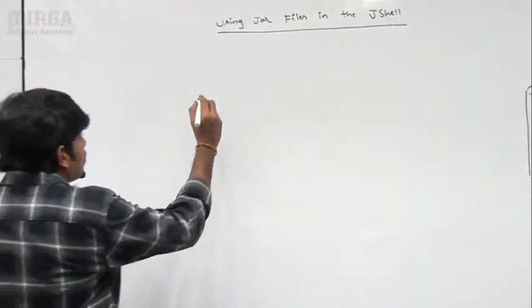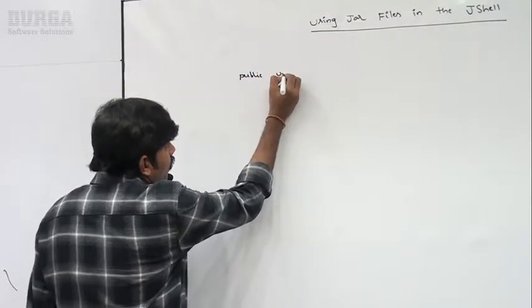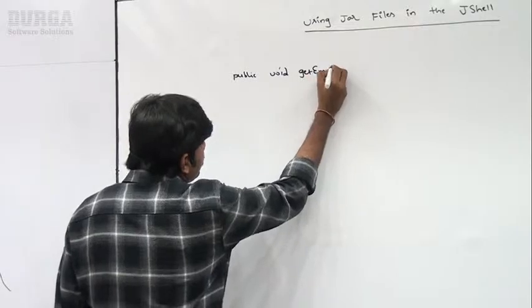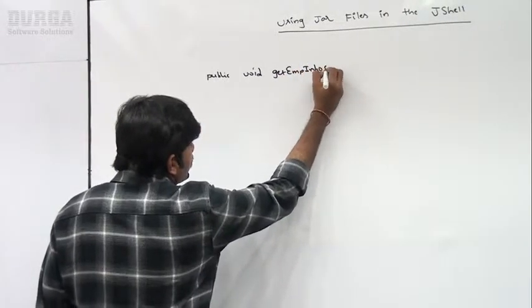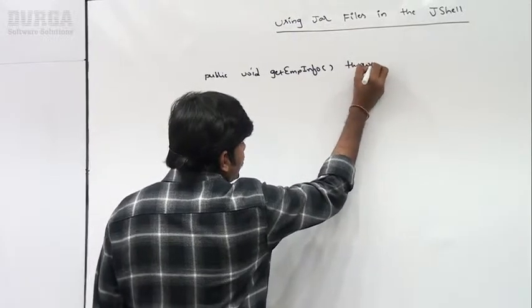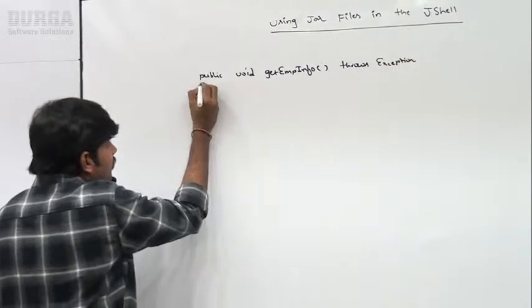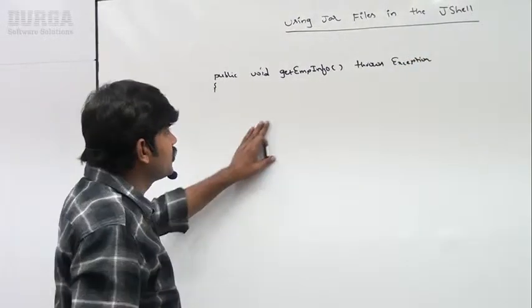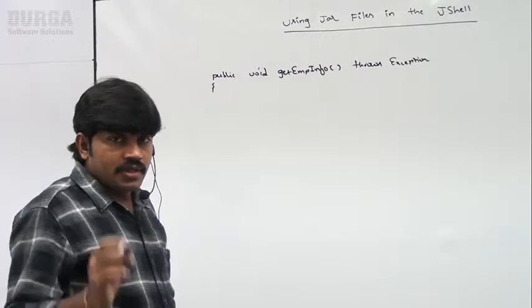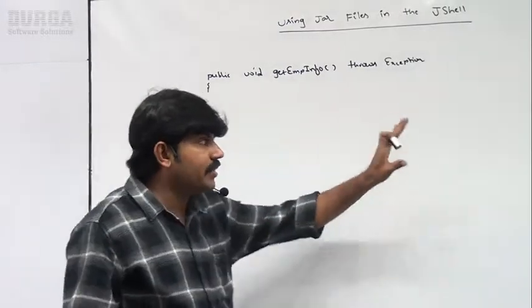Observe the code first. Here, public void getEmpInfo throws Exception. Sir, if there is any possibility of raising an exception, my JVM is going to take care. First, we have to establish a connection between the Java code and the database.